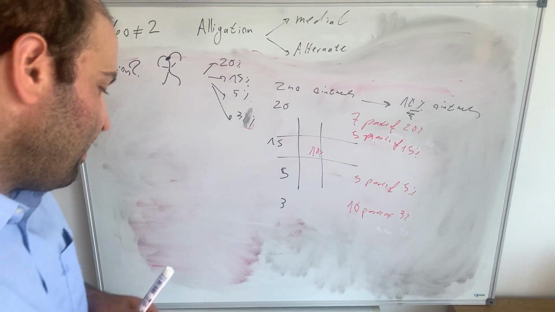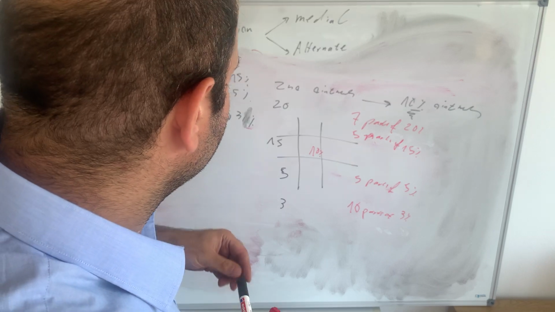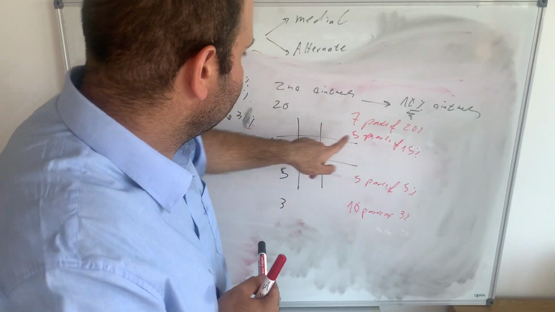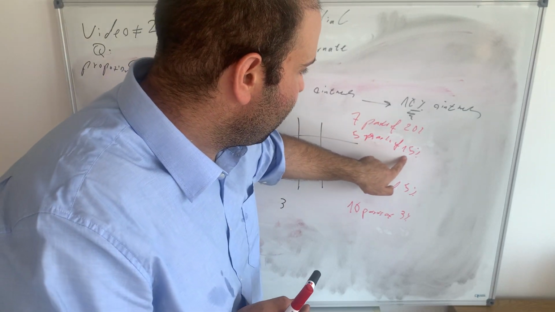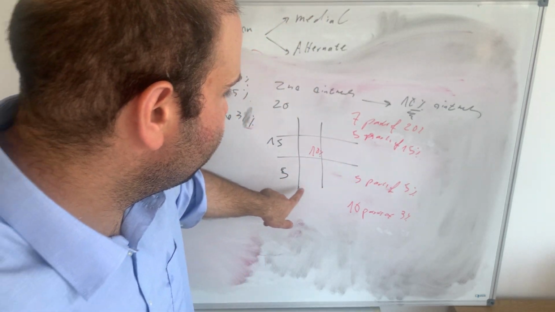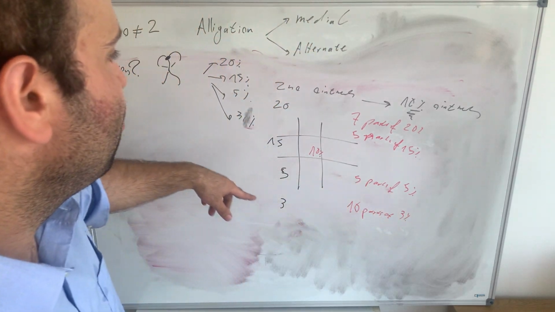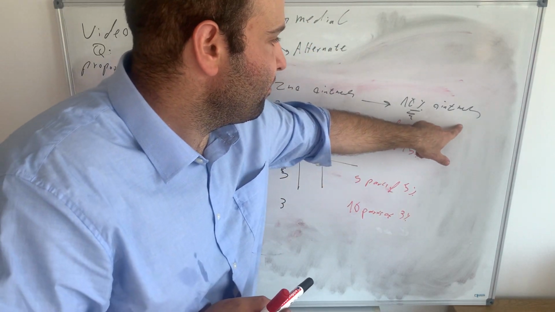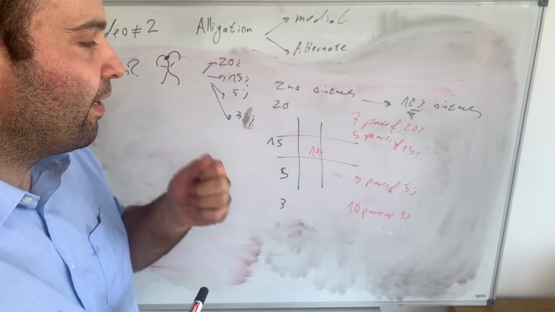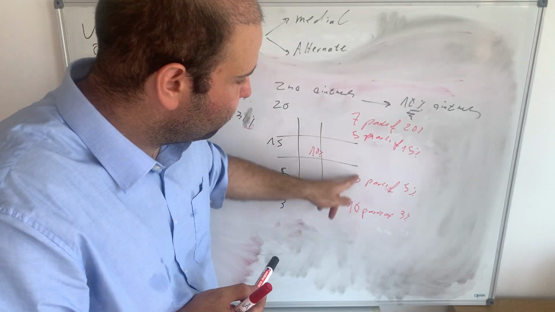So at the end, you have to mix 7 parts of 20% with 5 parts of 15%, with 5 parts of 5%, with 10 parts of 3% to get to the 10% ointment. Okay? How many parts? You can sum them up. How many parts?